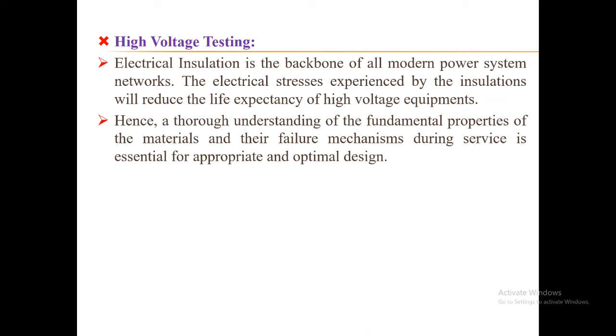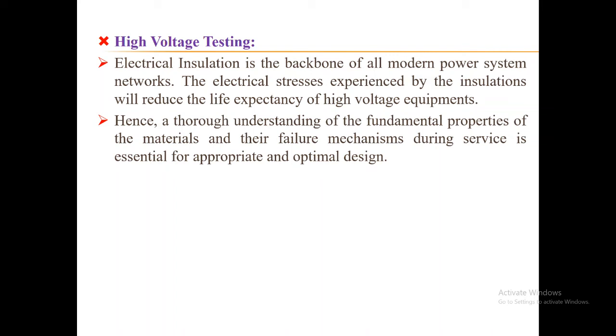In one sentence we can say that conducting high voltage testing is very essential for obtaining the appropriate and optimal design of insulating materials so that they can withstand over voltage situations over a longer time.